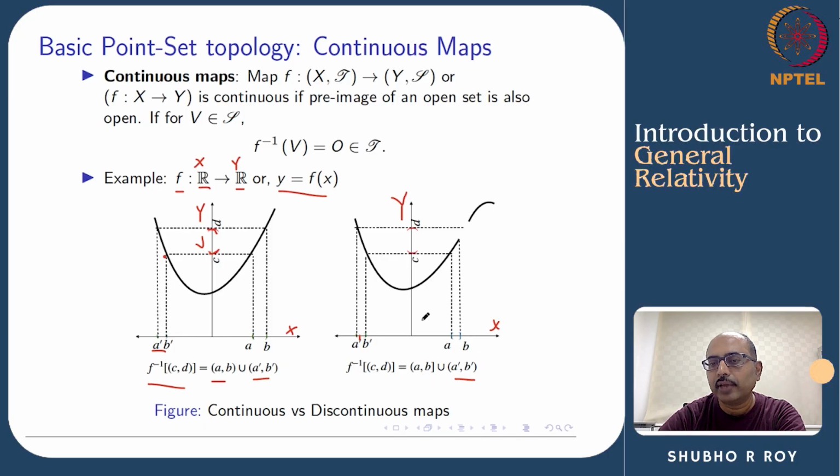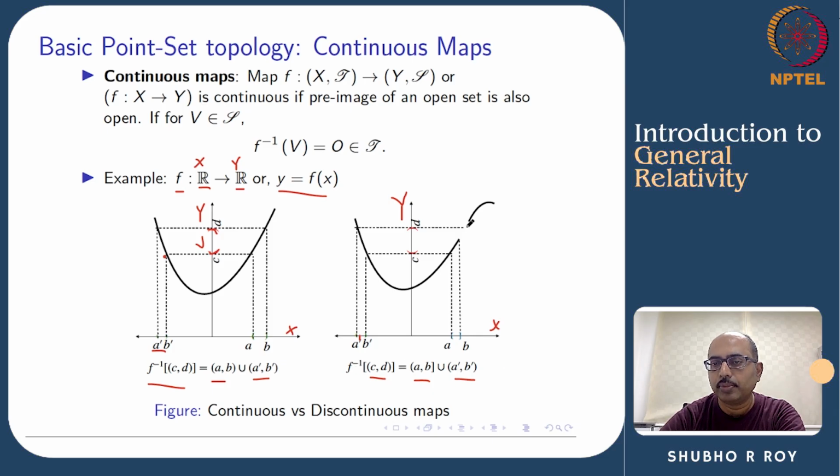So in this case, the pre-image of C comma D in X on the right is half open A comma B, half closed on the B side. But a half open, half closed interval doesn't qualify to be an open set under the standard topology. So the union of these two will also not be an open set. So the pre-image of an open set is not open.